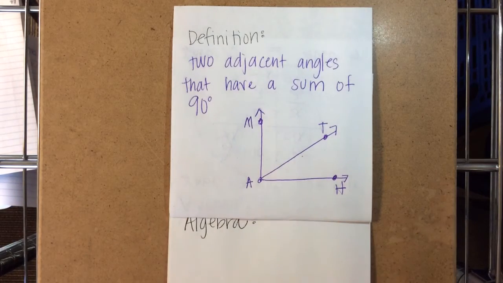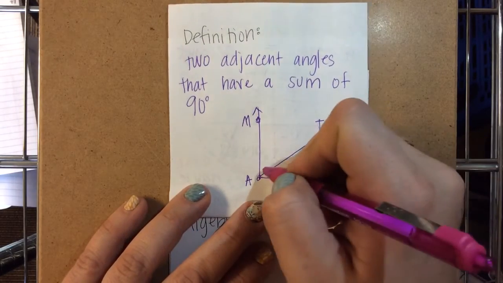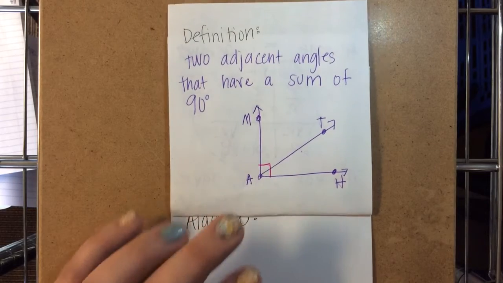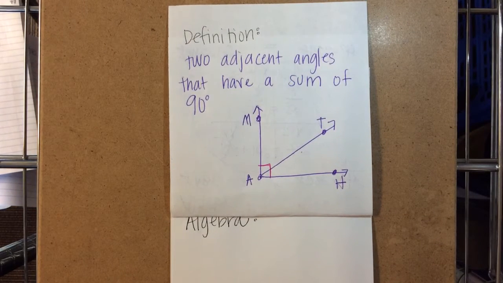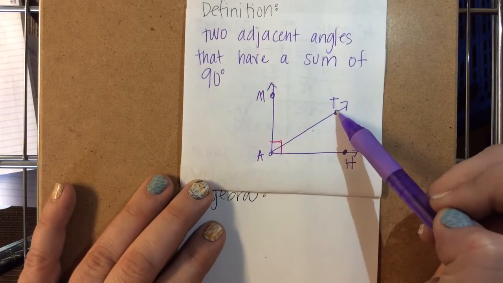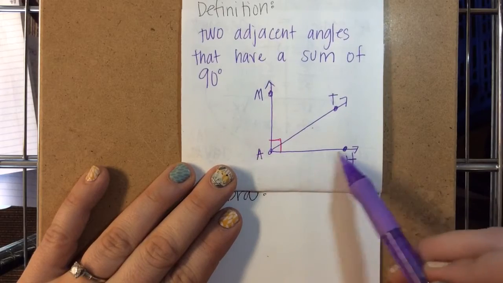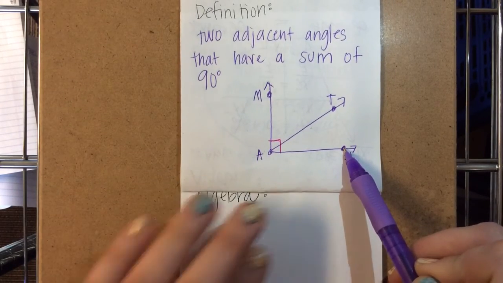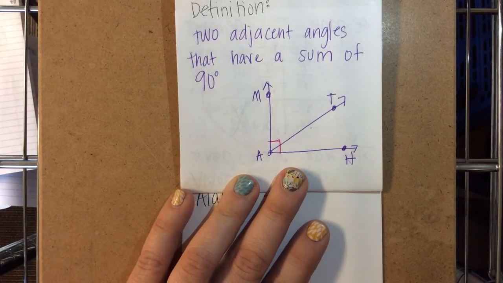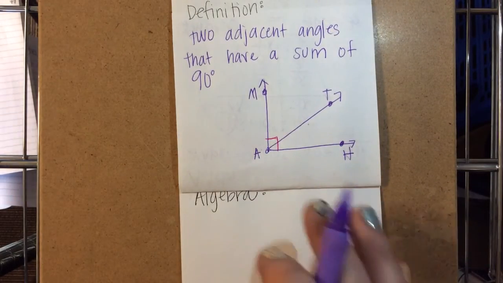What can I add to my already beautiful picture, if I say so myself, that will show 90 degrees, Paige? Put a little box in the corner. That tells me it is 90 degrees. It's a right angle. So if I add MAT, that's 60, and I add TAH and that's 30. When I add them together, what should I get as my answer? 90. So let's do some algebra.